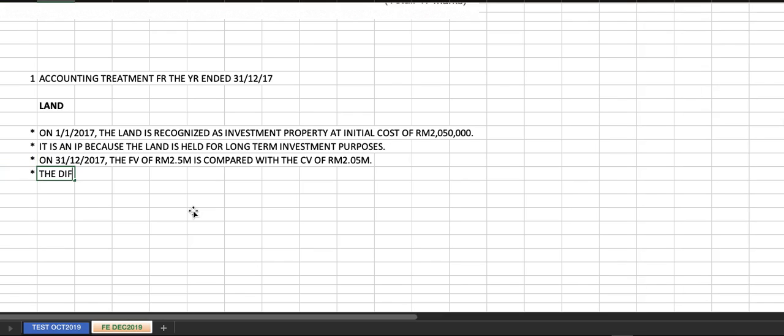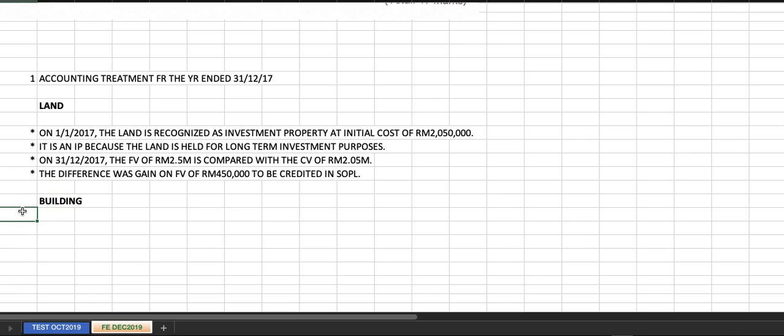The difference was, we call it a gain, right? Gain on fair value of RM 450,000, to be credited into SOPL. So that's it for the land on 31st December 17. Next we go to the building.